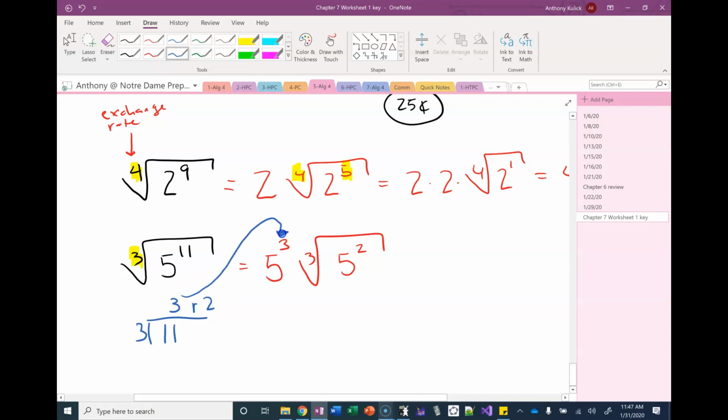This 3 tells me the number of 5s I get outside the radical. That's the quotient. And the remainder tells me the number of 5s I have left under the radical. So that's the problem that we're kind of doing in our head, right? As we're just doing that little division problem.